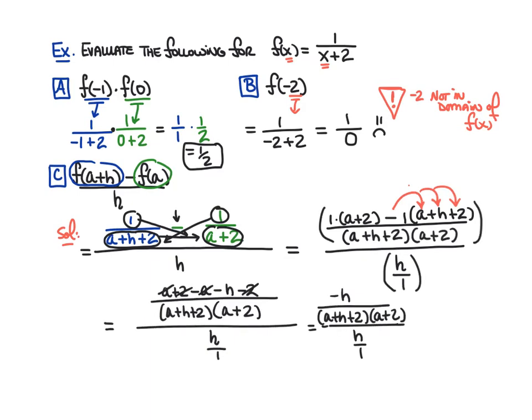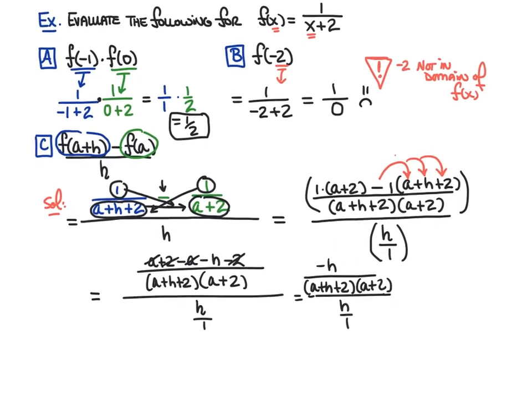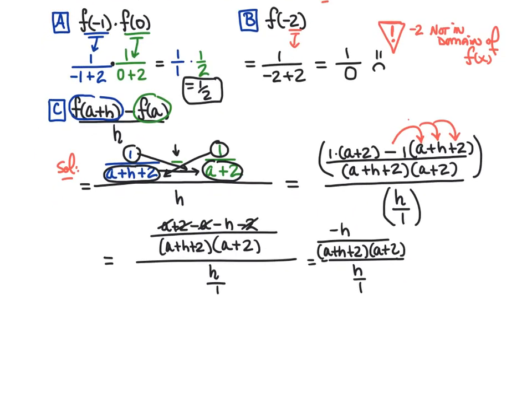So the final step, I'm going to zoom up here, the final step is because we're dividing fractions, we have to multiply by the reciprocal of the denominator. So this top fraction stays the way it is, so we don't have to modify that at all. And instead of dividing, we're going to multiply by the reciprocal of the bottom fraction.